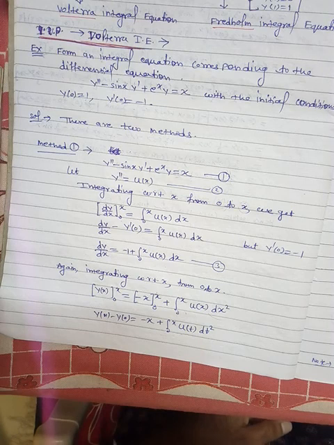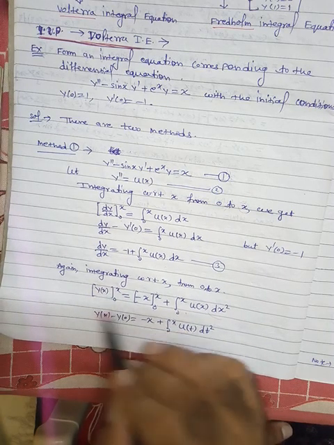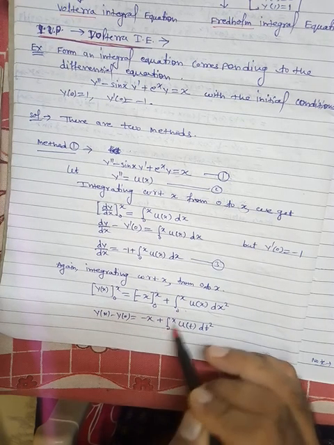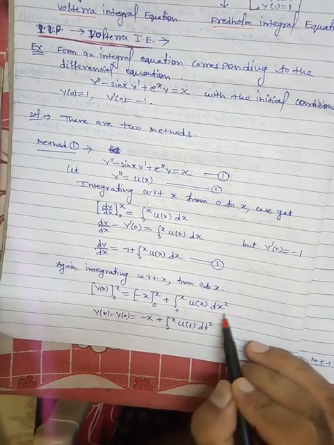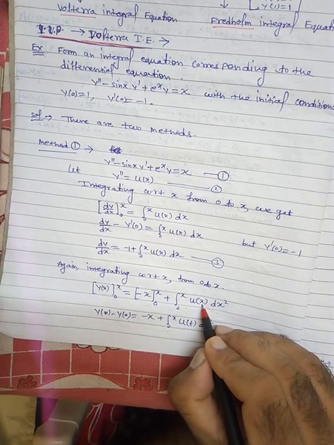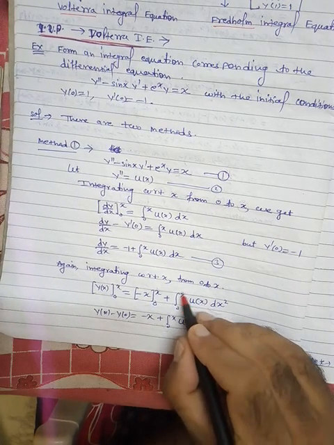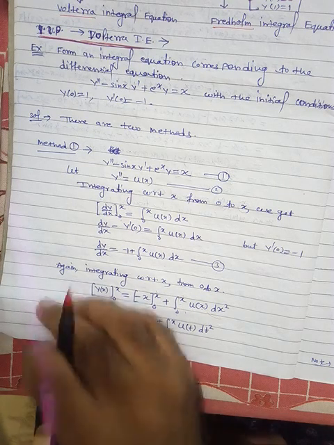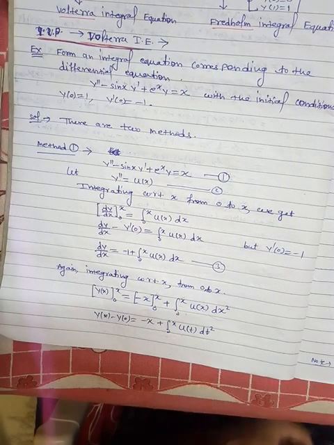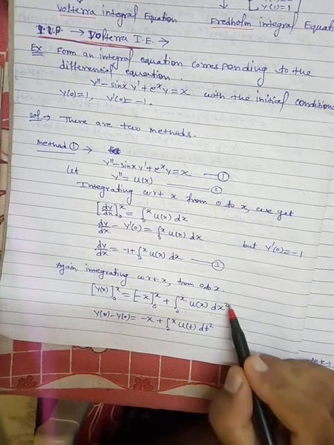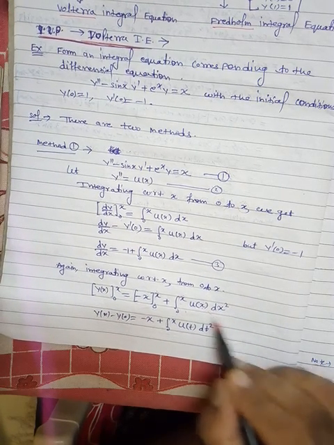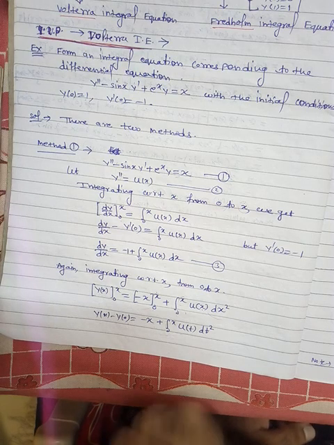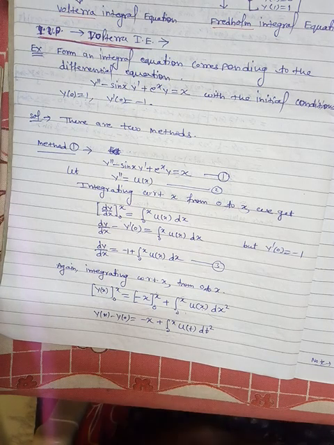Now replace the values here, upper limit and lower limit. So y(x) minus y at 0 is equal to minus x plus the integral from 0 to x. Now because x is a variable, and here is also x, to apply the rule we will discuss, because we want to convert this second order integral into first order, we have to use that formula which we have already developed in the previous class.